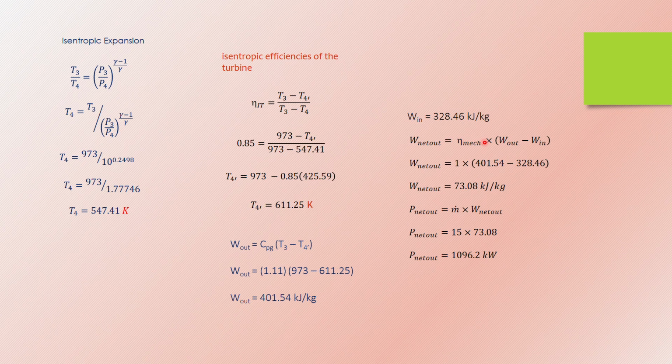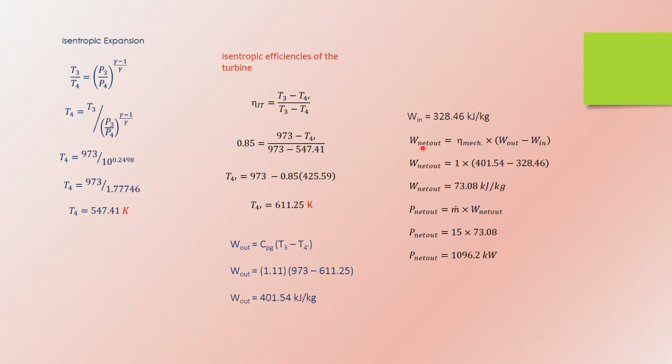So once you take into account frictional loss, you have a mechanical efficiency that is less than 100%. But in this case, the question has not given us any mechanical efficiency, so that is why I assume it's 100%. So that is 1.